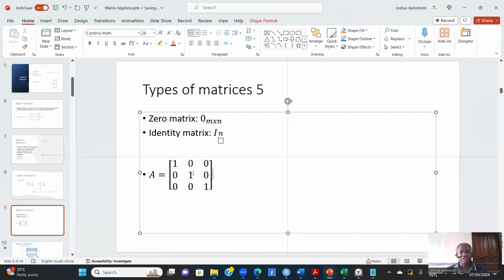So you can see that the elements along the principal diagonal are 1. So every other element is 0. This is typical of identity matrix.